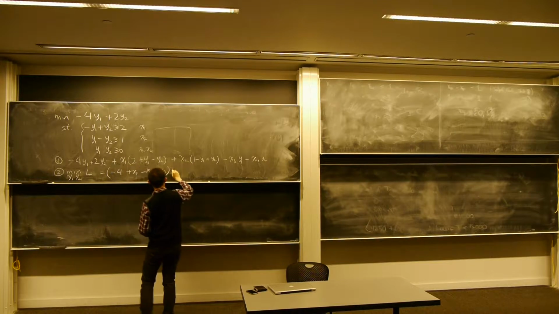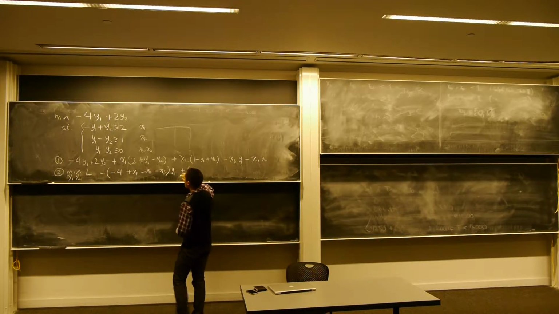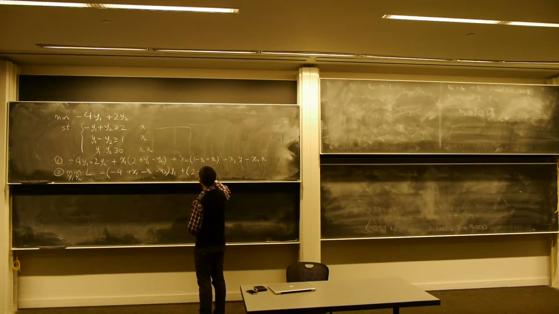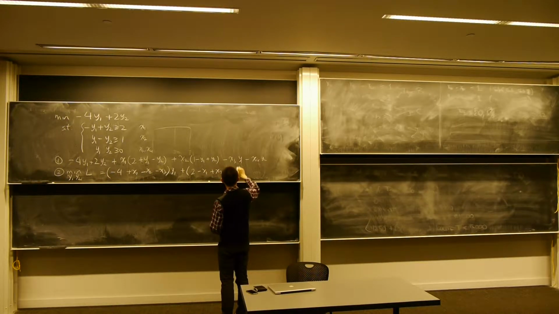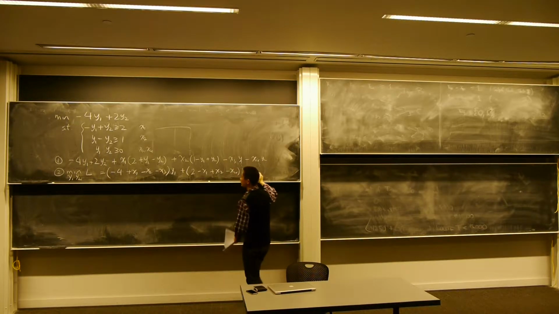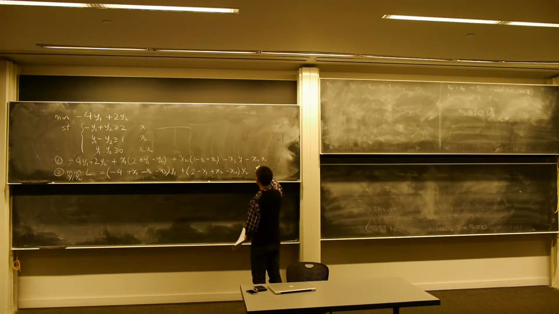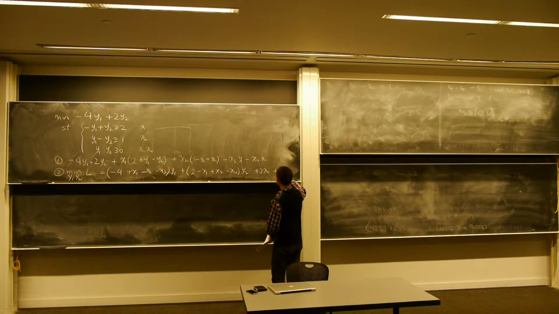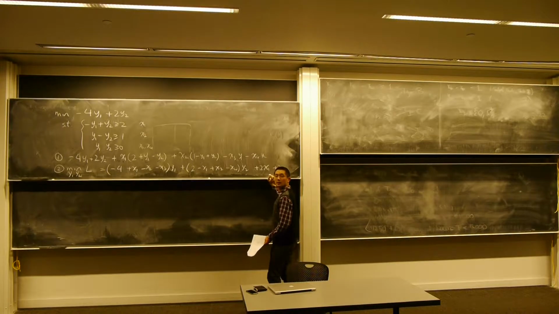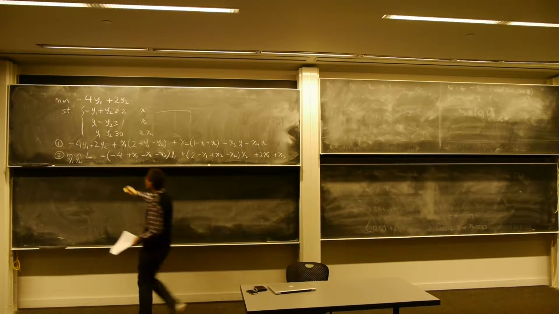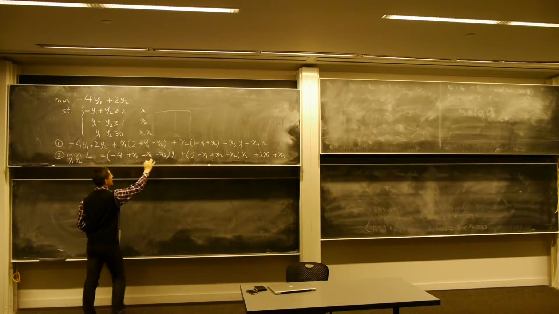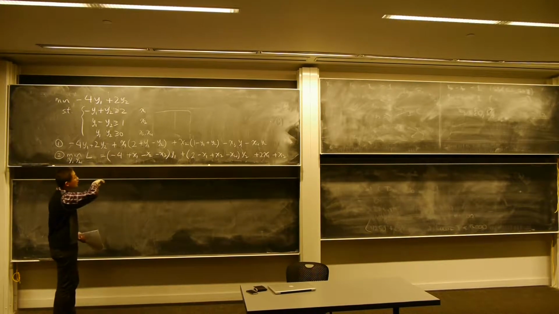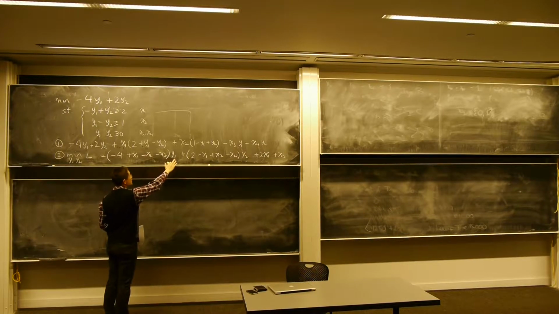This is the coefficient for y1. For y2, it's 2 minus x1 plus x2 minus x4. This is y2. And we also have some constant terms. We have 2 times x1 plus x2, right?